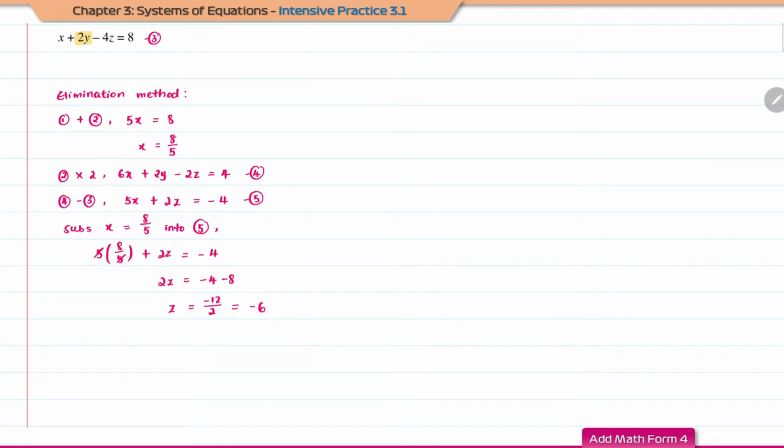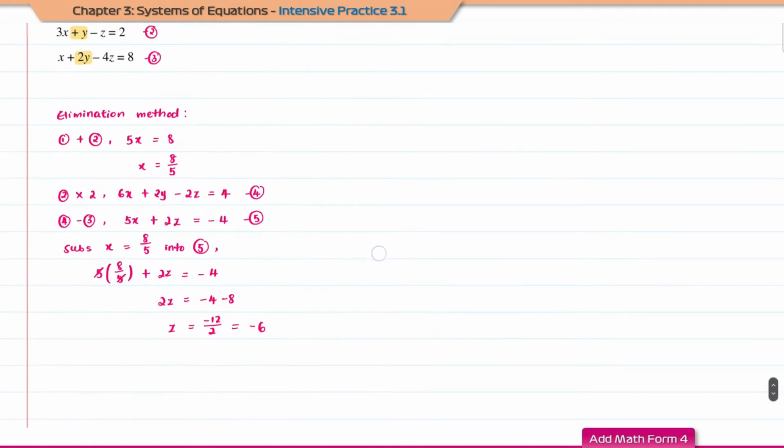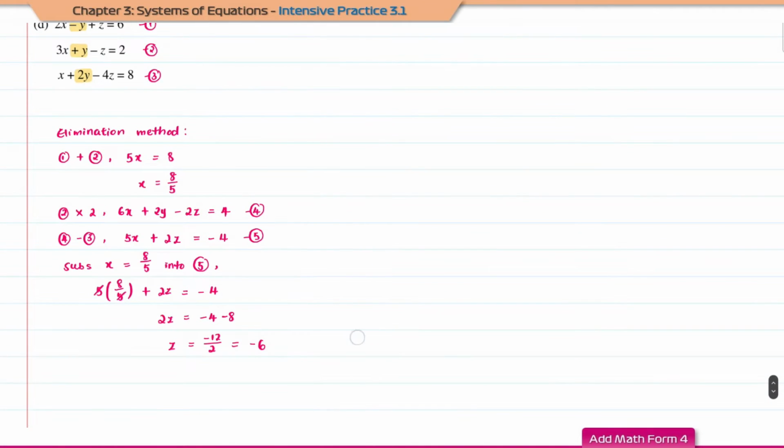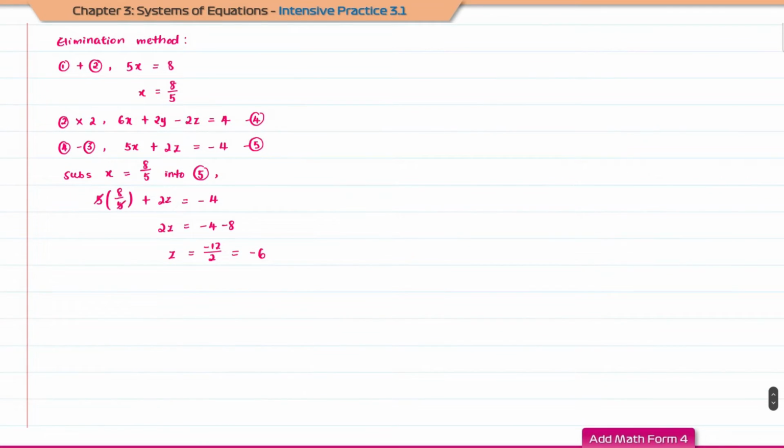So we already find x and z. So now we want to find the value of y. In doing so, I'm going to substitute the value of x and the z. Here I'm going to substitute it into equations number 3, for example.